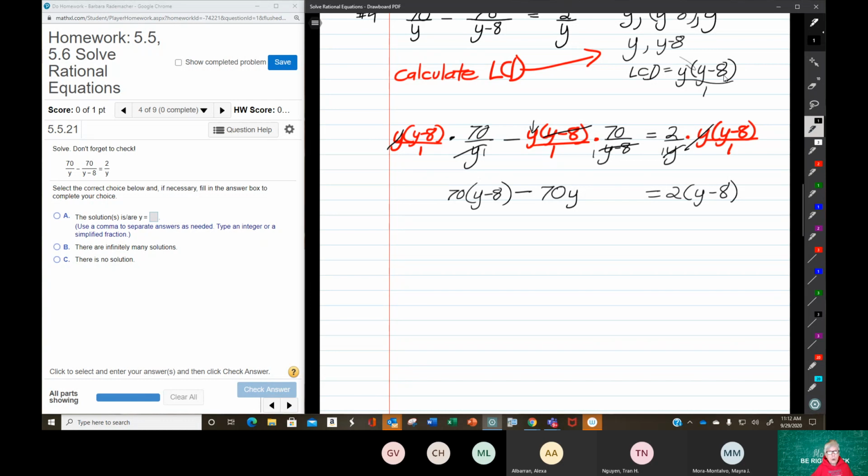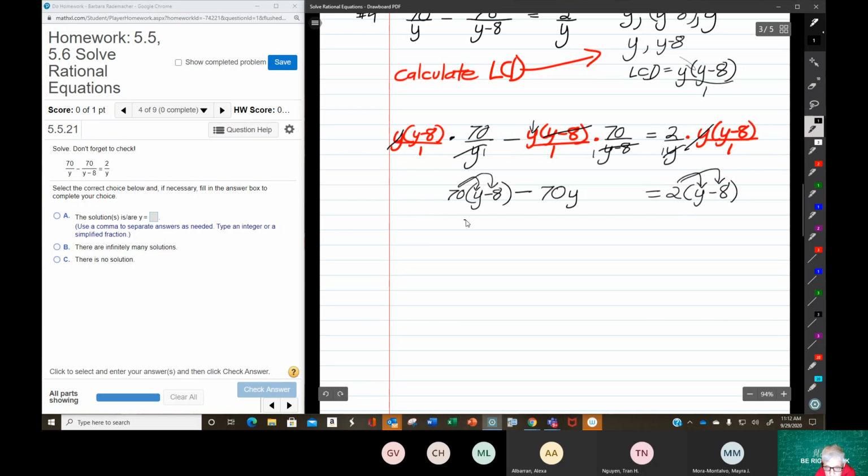Okay, well, I'm going to go on and distribute now. I take 70 and multiply it by y. 70 and multiply it by -8. Over here, I'm going to take 2 and multiply it by y, and 2 and multiply it by -8.